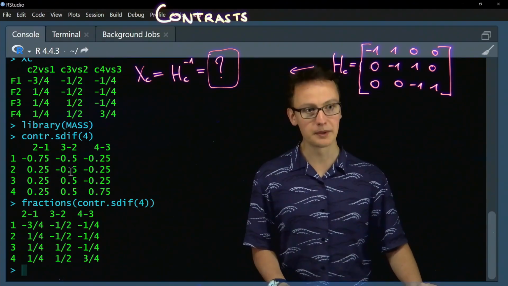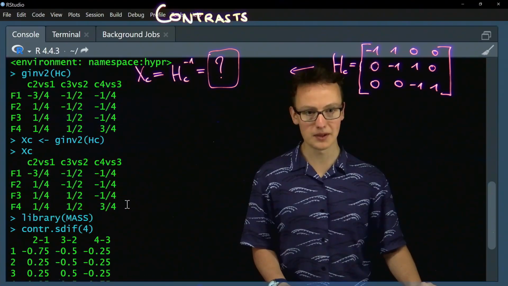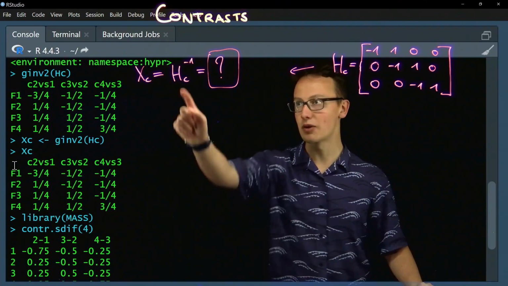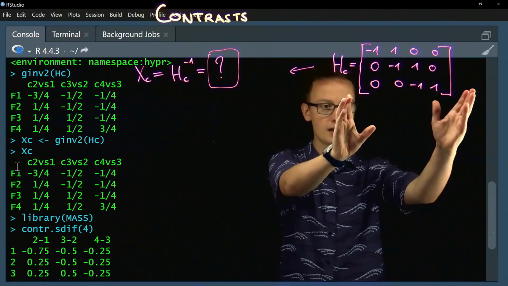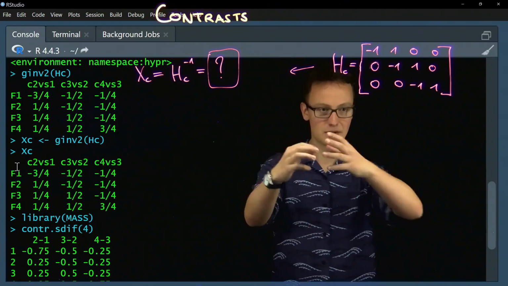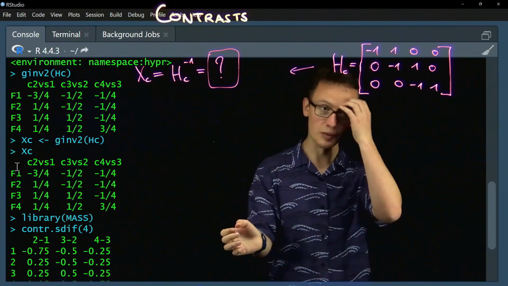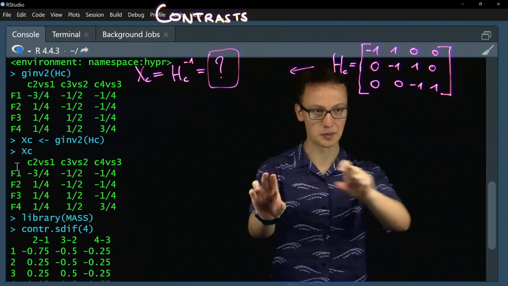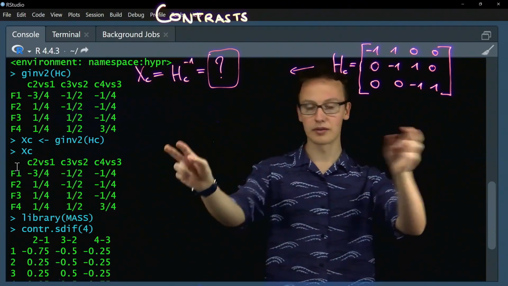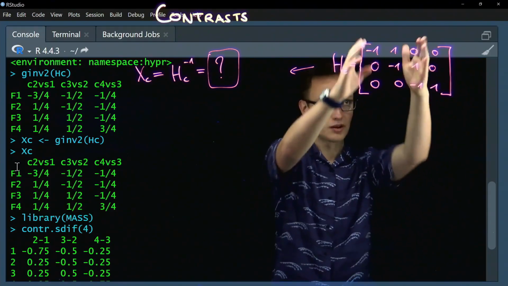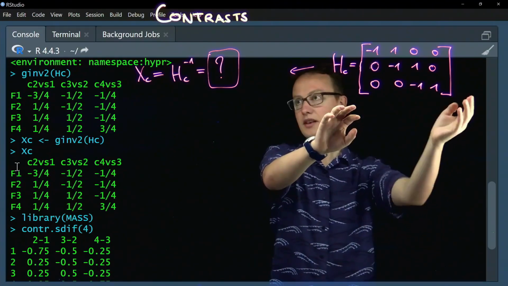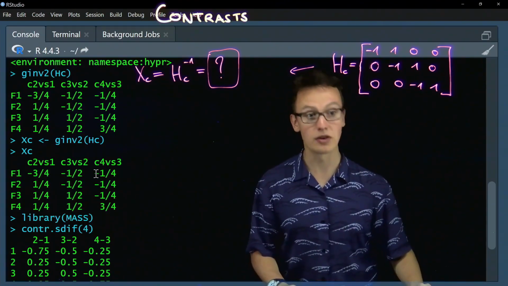But now we do, because now we know that this contrast matrix is just generated by this general formula, which, given the hypothesis matrix, which we can easily construct ourselves by reasoning through what the specific beta coefficients will be equal to, given our 3 comparisons in this case, we take the generalized inverse, because we have a non-square matrix, and then we get the contrast matrix as a result.